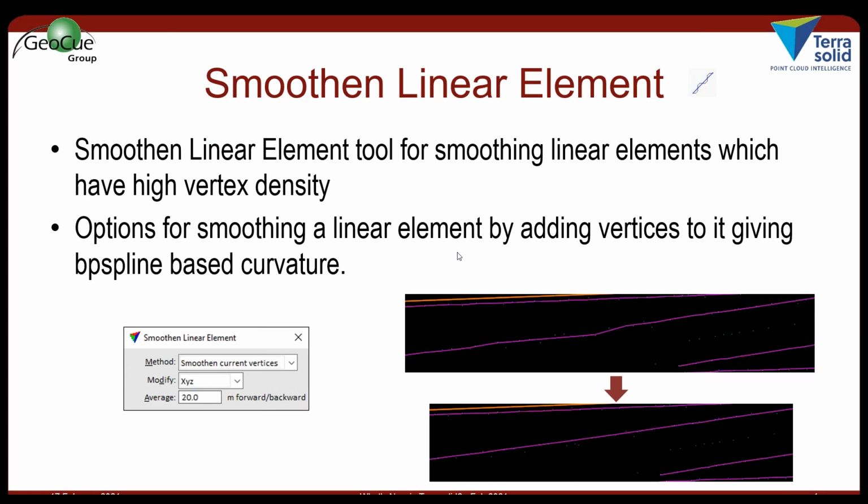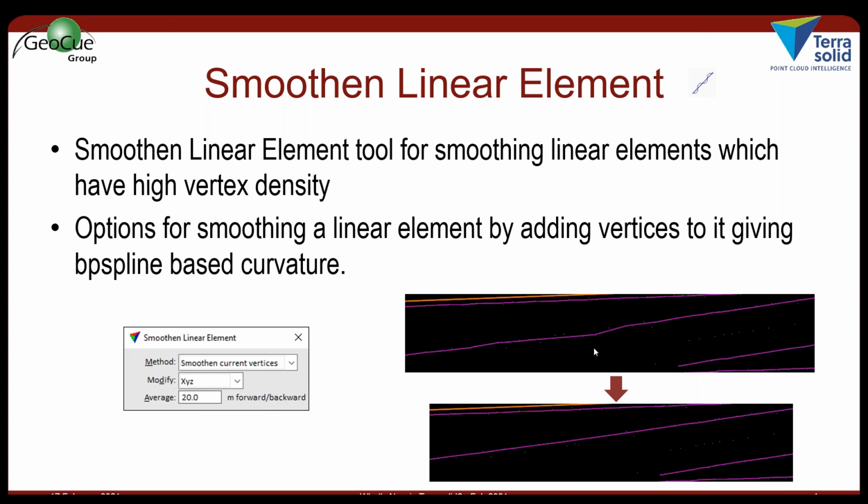So this new tool in TerraModeler, Smoothen linear element, will allow you to smoothen the vertices when you have a high rate of vertices on an entity, where you can average looking at a certain distance forward and back from the vertex to make a determination of any adjustment to make, and that can be done in X, Y, or in X, Y, Z. So you have a few options for how to apply that smoothing.